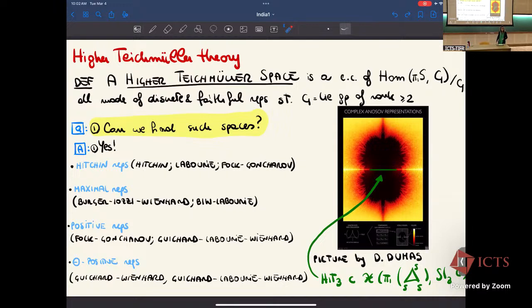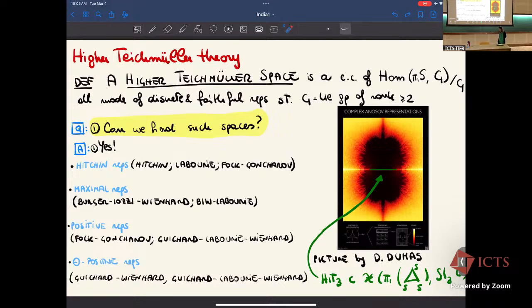One next example is maximal representations. This was done by Burger, Iozzi, Wienhard, and Burger, Iozzi, Labourie, and Wienhard. You have restrictions on the target group that you need for these different definitions. You have positive representations, really coming from the work of Fock and Goncharov, and then Guichard, Labourie, and Wienhard.